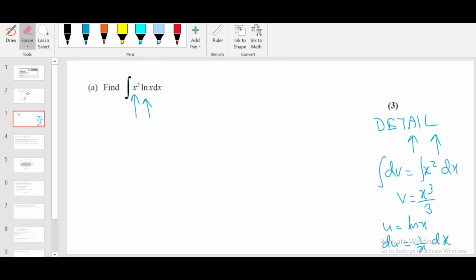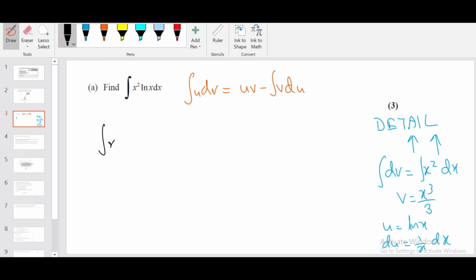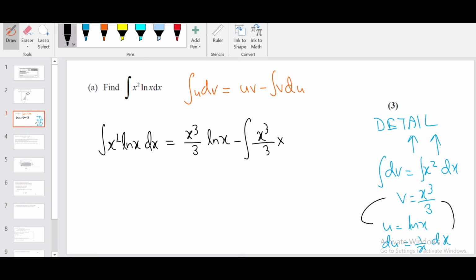Apply the integration by parts. The rule is the integral of u dv, which is the original given integral, equals uv minus the integral of v du. So the integral of x squared ln x dx is equal to uv, which is x cubed over 3 ln x, minus the integral of v du, x cubed over 3 times 1 over x dx.